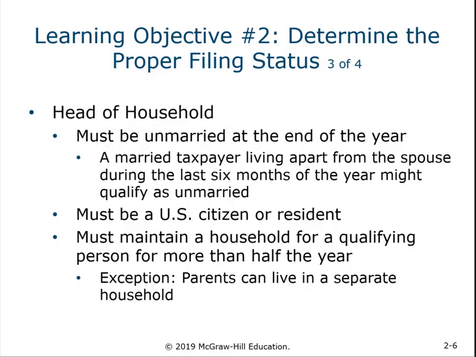Head of household. Notice this is unmarried. This is a single individual. So this is not for someone who is legally married, except in a situation where what we refer to as an abandoned spouse. And that is a situation where one of the spouses runs off and leaves the other one with the kids and disappears.